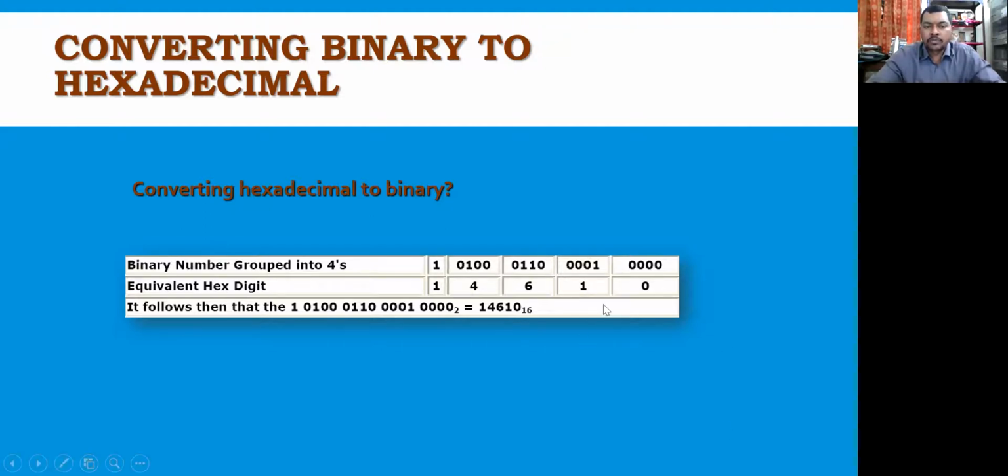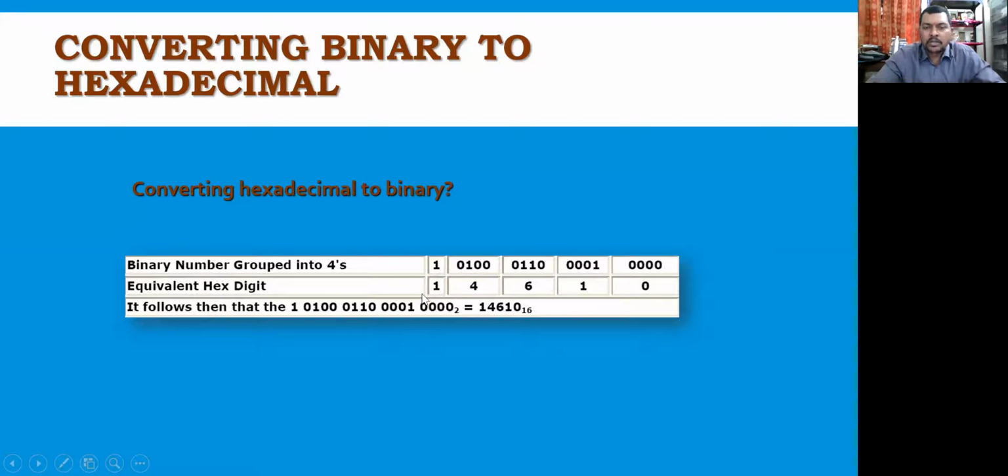So if you are able to see over here, this is that number: 1010001100001000. So we are making the 4-bit groups, and we write the equivalent of each 4 bits. So this stands for 0, this stands for 1, this stands for 6, this stands for 4, and this is 1 itself, so this is again 001.